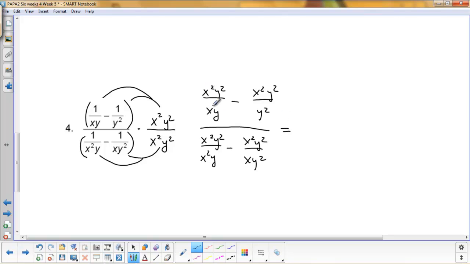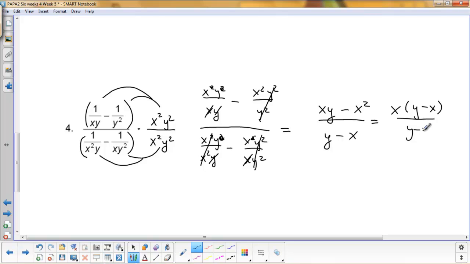Use properties of exponents to simplify, and you get xy minus x squared in the numerator and y minus x in the denominator. Take out your GCF of the numerator, which is an x, and you get y minus x over y minus x. Cancel your quantities, and the answer to number 4 is x.